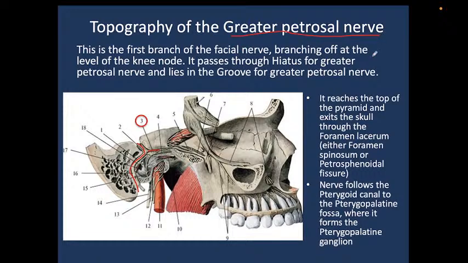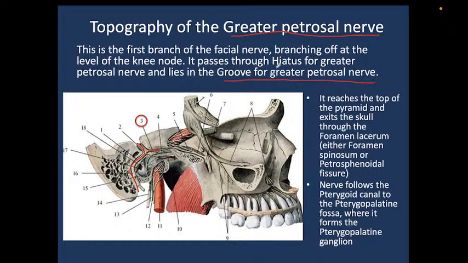As you see, this nerve passes through the opening called the hiatus for the greater petrosal nerve, and then it is located in the groove for the greater petrosal nerve.